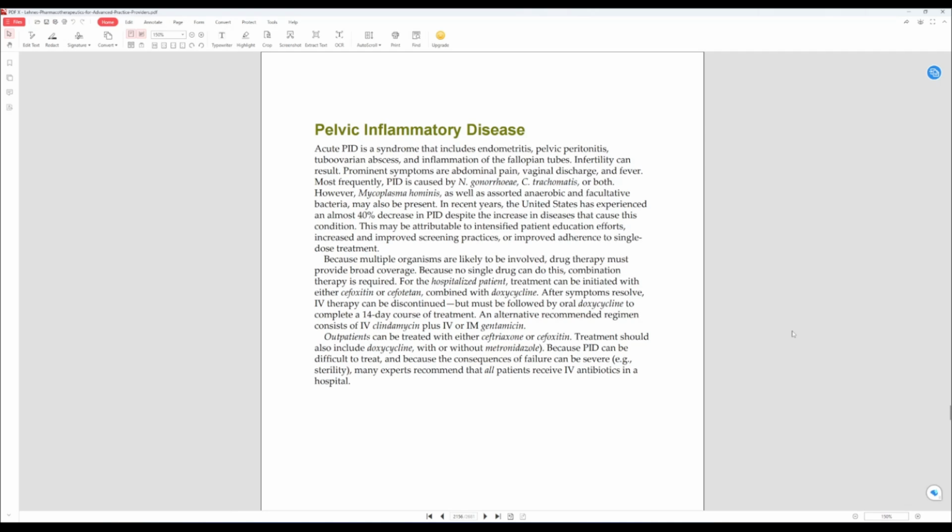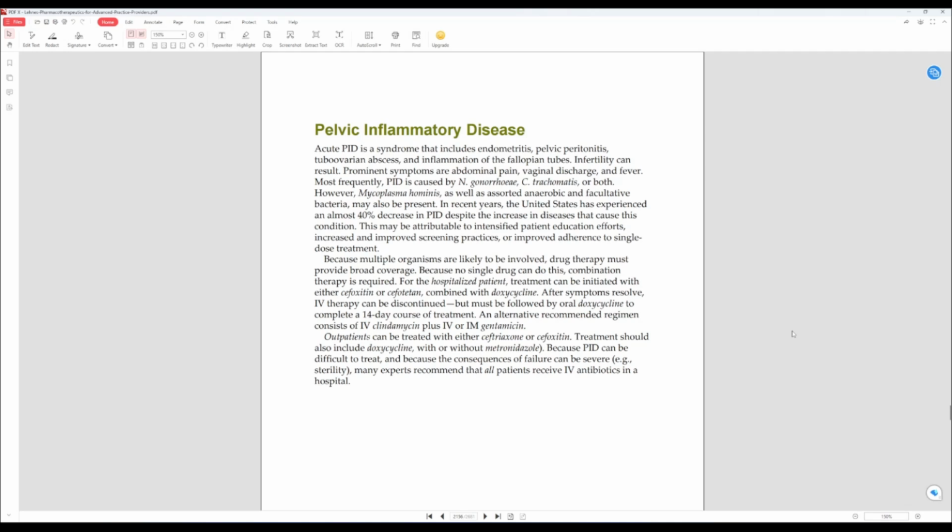For the hospitalized patient, treatment can be initiated with either cefoxitin or cefotetan combined with doxycycline. After symptoms resolve, IV therapy can be discontinued, but must be followed by oral doxycycline to complete a 14-day course of treatment. An alternative recommended regimen consists of IV clindamycin plus an IV or IM gentamicin.